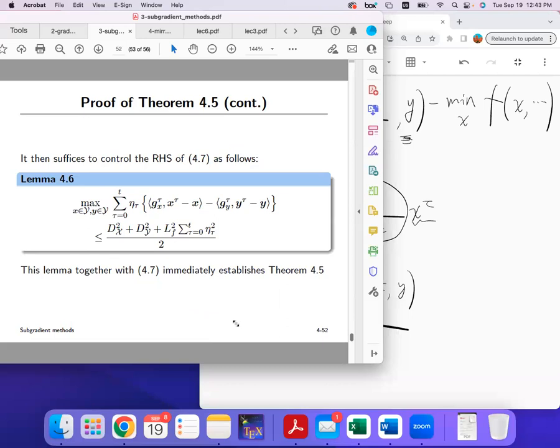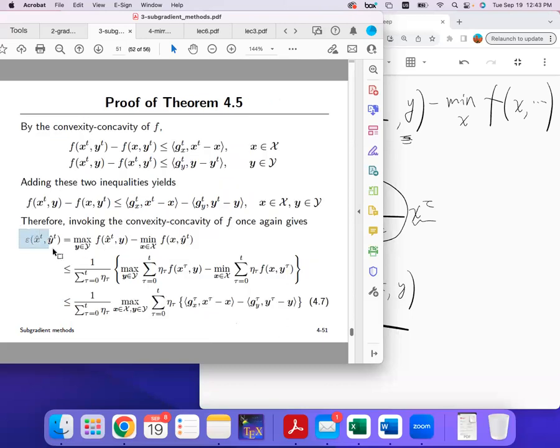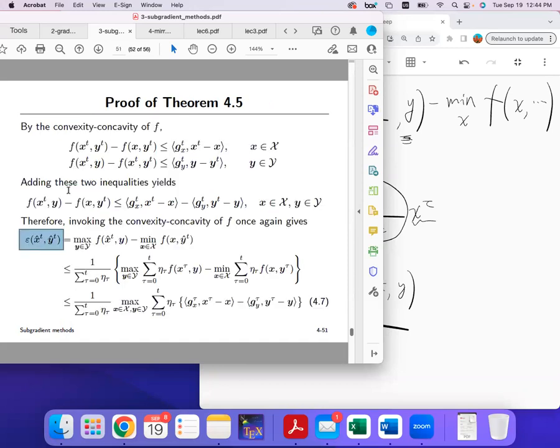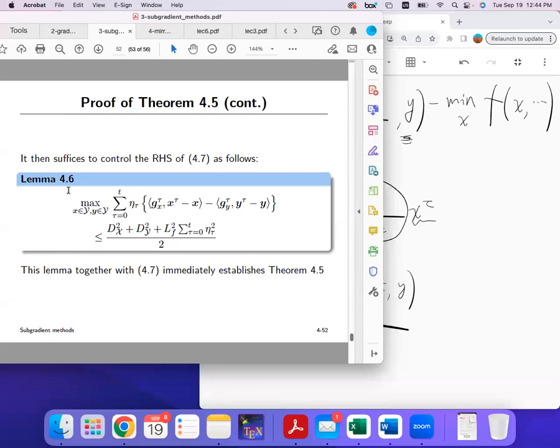Therefore, the starting point is the duality gap, and we just need to bound 4.7. And this lemma provides such a bound, where this lemma controls this term, 4.7.